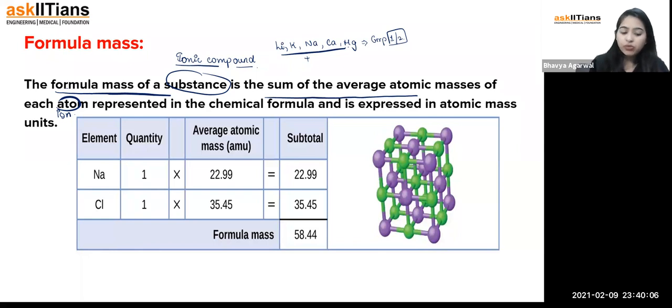Group 1 and 2 comes from your periodic classification. What is group 1 and group 2? So you remember the fort which I made? The first two vertical columns represent group 1 and group 2. The last one is basically 18.